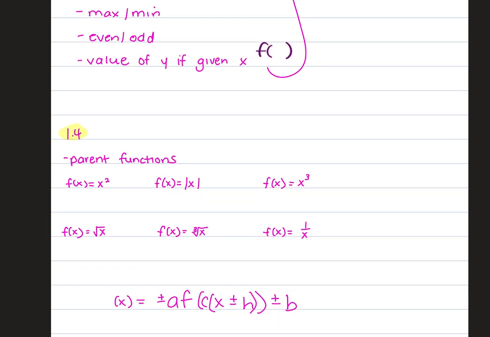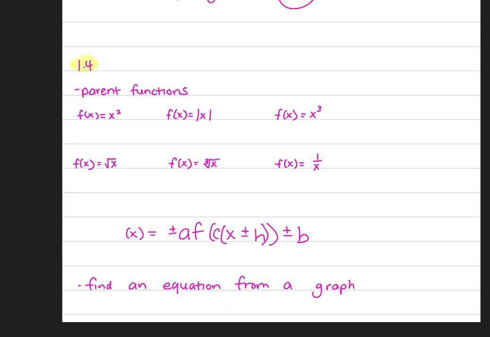And then in 1-4, it was all the parent functions and our shifts. So our x squared is our parabola.